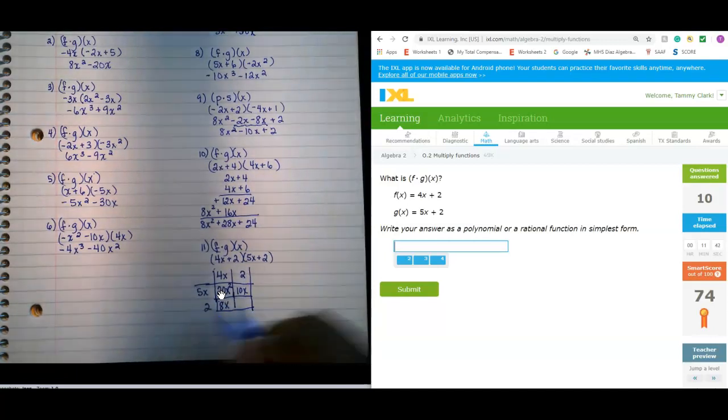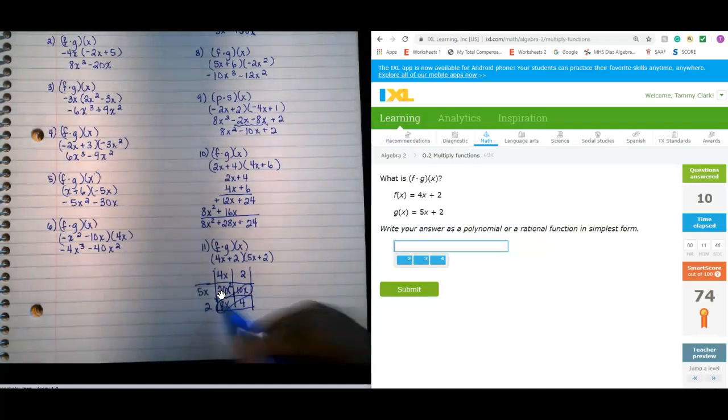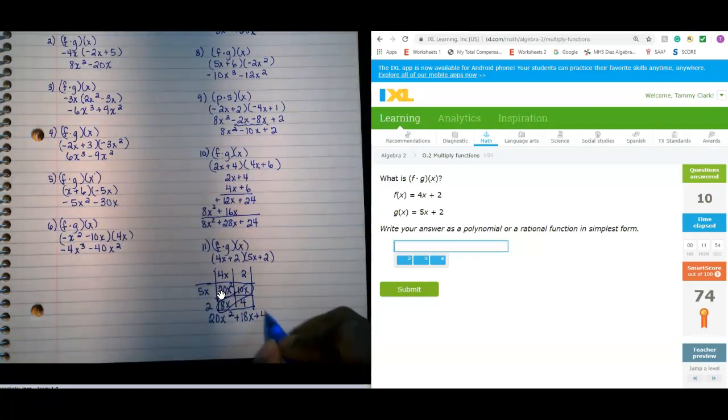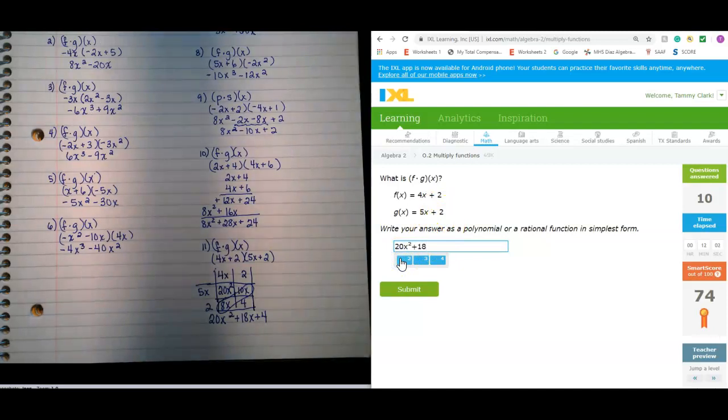And then 2 times 2, which would be 4. Now, here are my like terms. So this would be 20x squared plus 18x plus 4. And those of you who are doing it the other method, you should get the same answer.